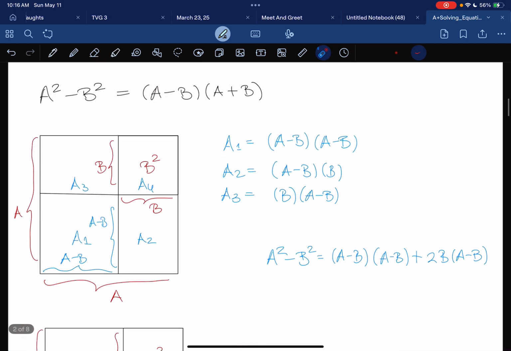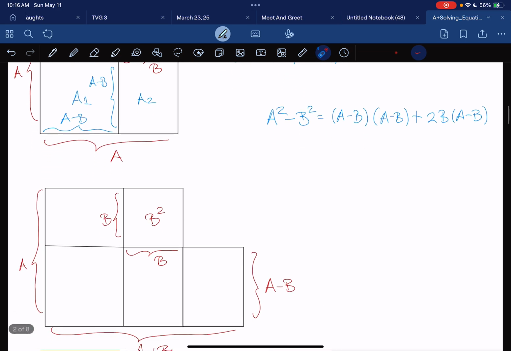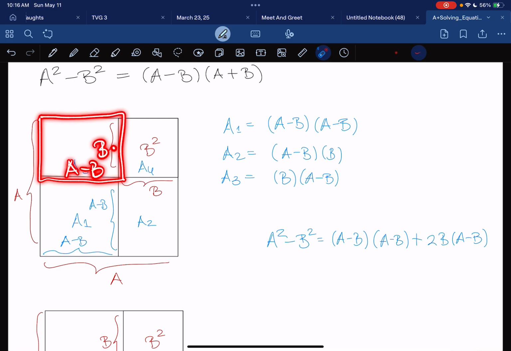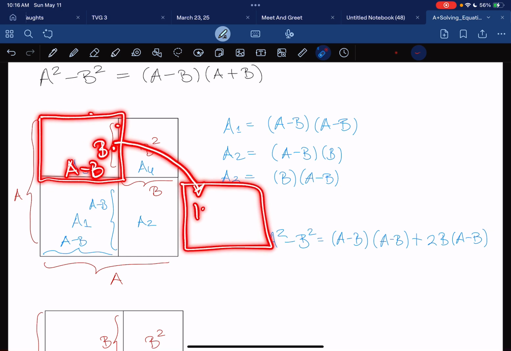There's actually another trick that we can use, and it consists of taking this rectangle here, which has base a minus b and height b, and moving it down here. We can't just move it like so, because its height is b and its base is a minus b.